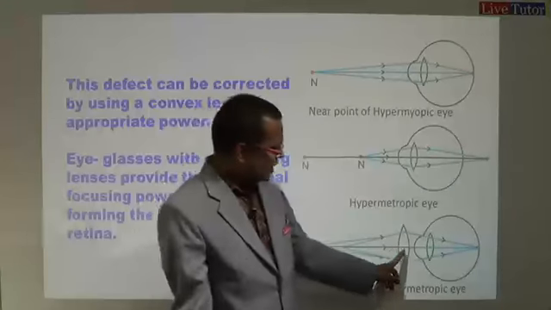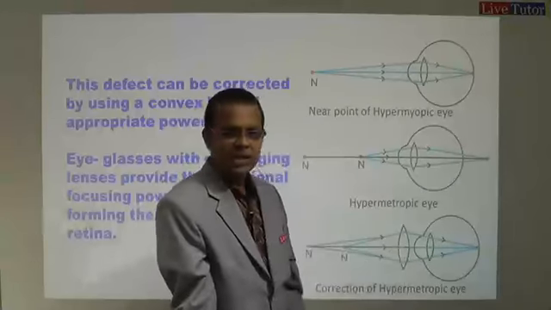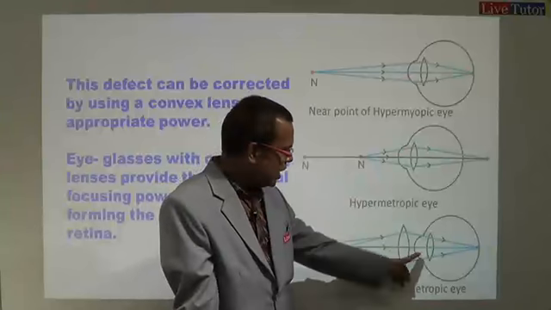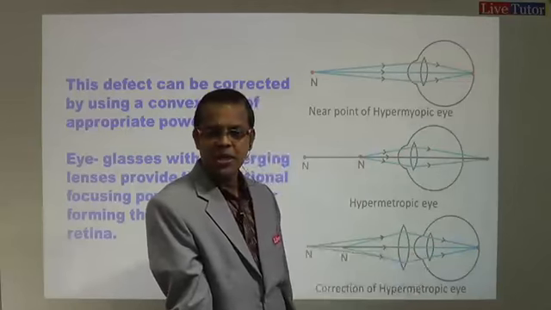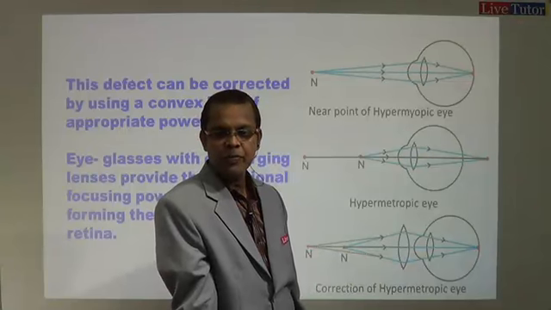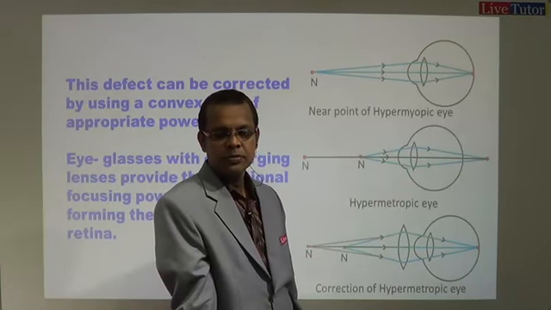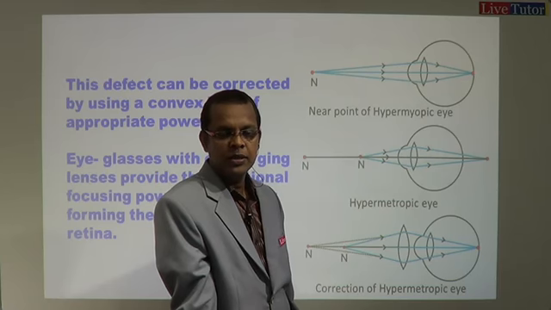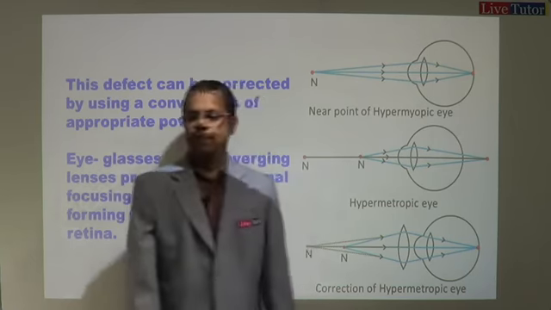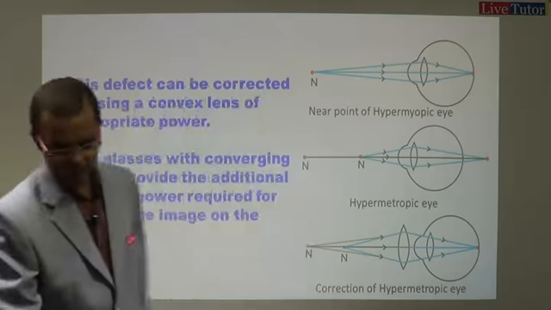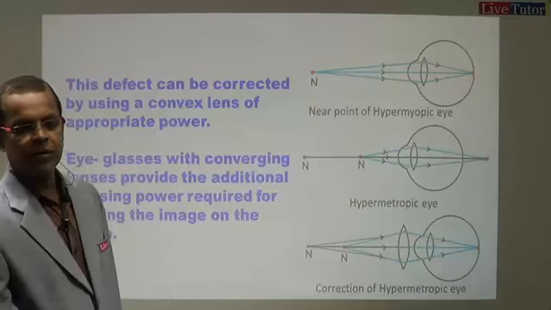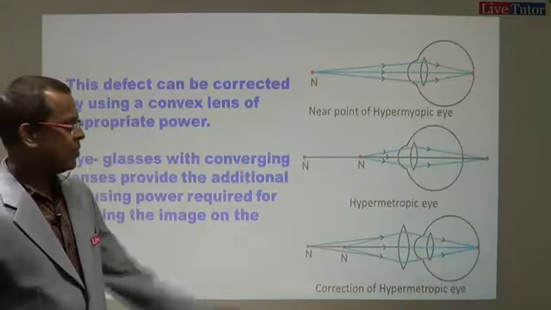When you are using another convex lens, what happens to the focal length? Is it reducing or increasing? Tell me.